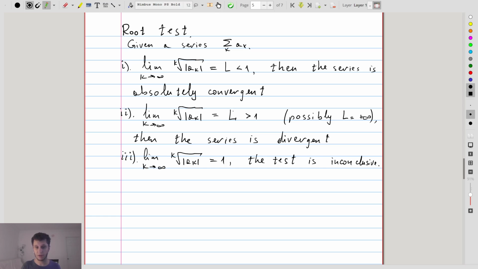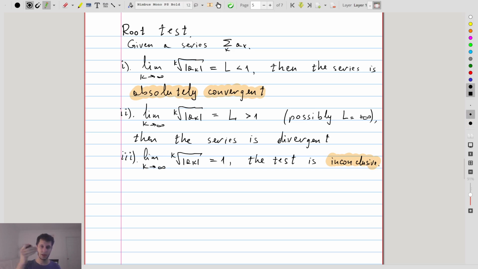And finally, if the limit of this expression is exactly 1, then the test is inconclusive, basically because you don't know from which side the sequence is approaching its limit.